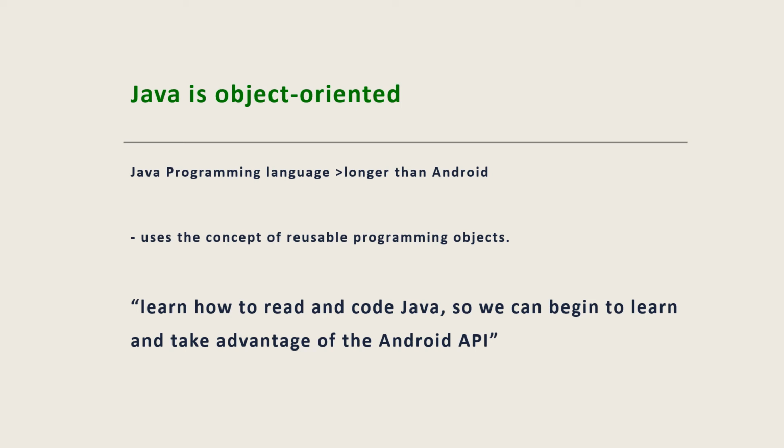And of course, Java is an object-oriented programming language which is much older than Android. Mas nauna pa kasi si Java programming language than Android. Pag sinasabi nating object-oriented, it uses the concept of reusable objects. Pag may code ka na, you can reuse the code anytime kung saan naman siya applicable. 'Di ba? Pag create natin ng Java program in our previous activity, Java ang extension.